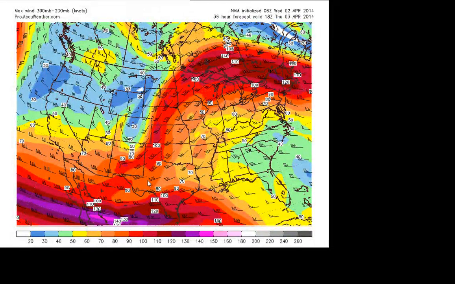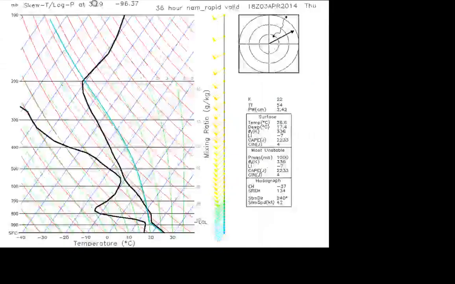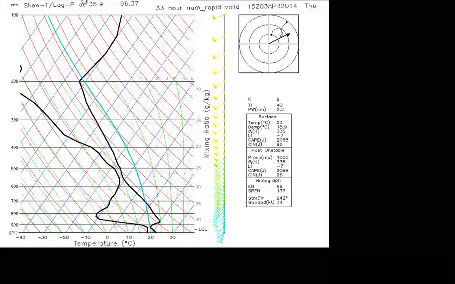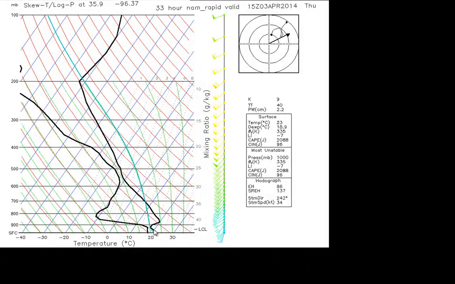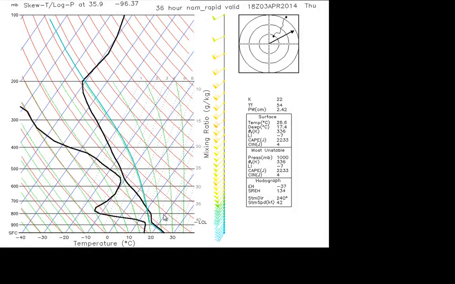Also, here's our jet stream. We have winds coming across like this. We have low-level winds sort of contradicting that. And again, taking a look at that sounding, here's tomorrow morning. You can see that warm air is above the low-level air, but then that warm air leaves and it's allowed to be convection here and produce storms tomorrow.